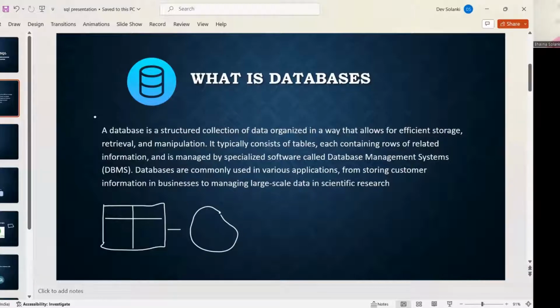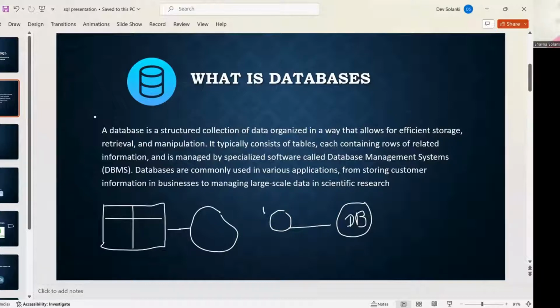Now, let's suppose we take the example of Instagram. We all know about Instagram. If we open an account in Instagram, we need to share our details, like our personal details, our name, password, email ID, and many more details we need to fill out to open an account. Then Instagram has a large data set, which can be stored in databases in one place in the computer system directly.